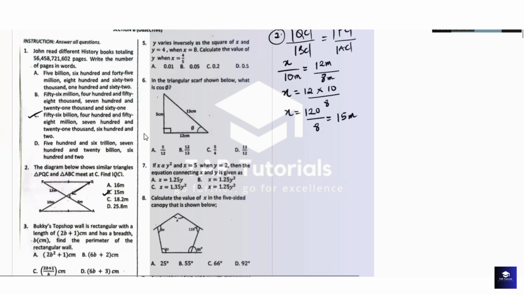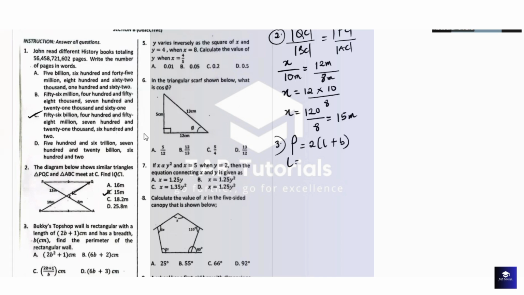Question 3 says, Bookie's Stop Shop wall is rectangular with a length of 2b plus 1 centimeter and a breadth of b centimeter. Find the perimeter of the rectangular wall. We know that the perimeter of a rectangle is 2 times length plus breadth.